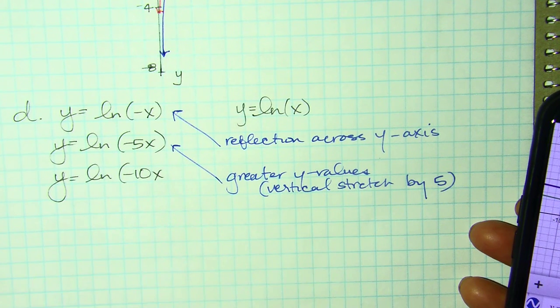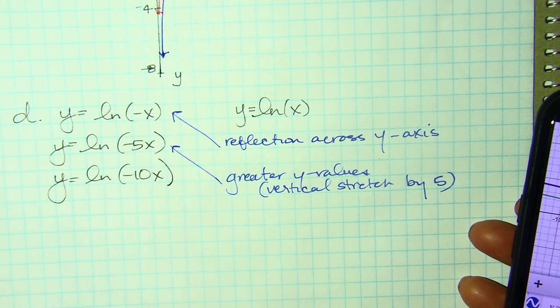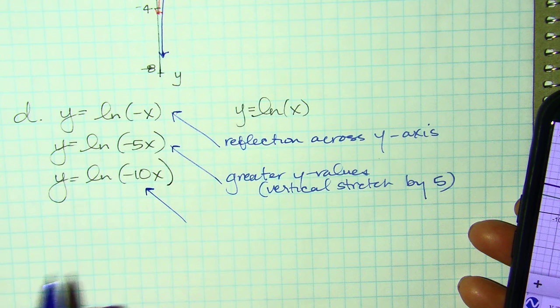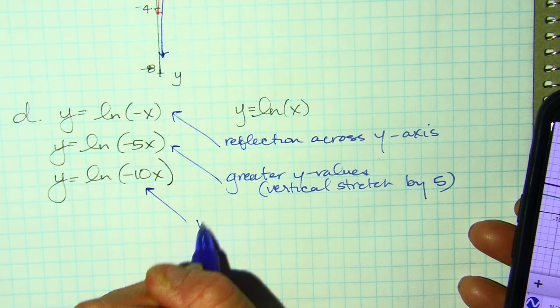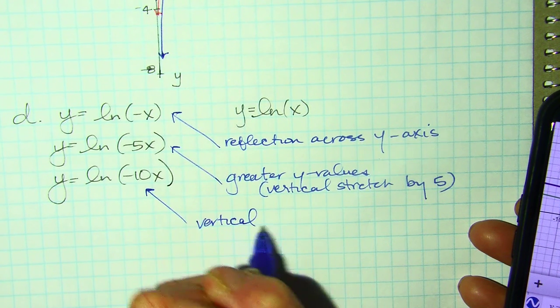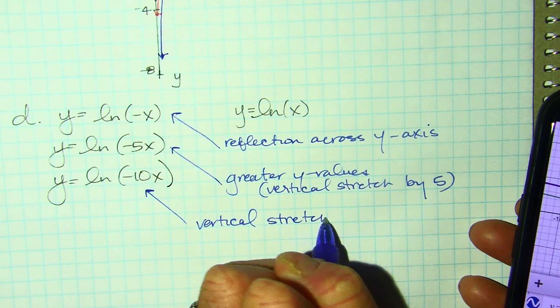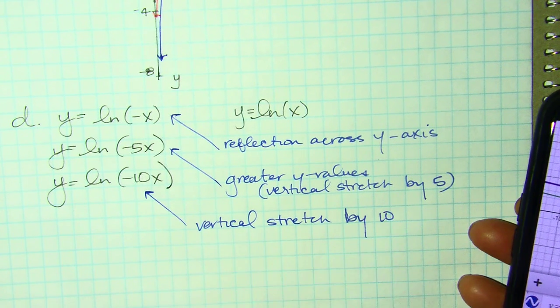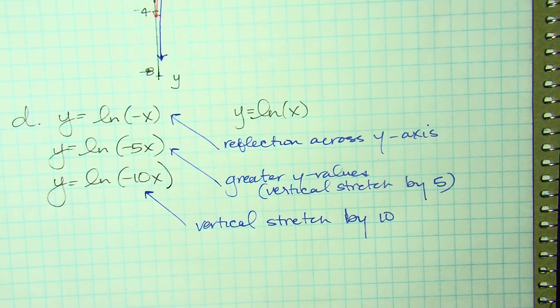So we could probably guess, right? It's still going to be reflected, but this is going to have a vertical stretch by 10. And that completes this lesson.